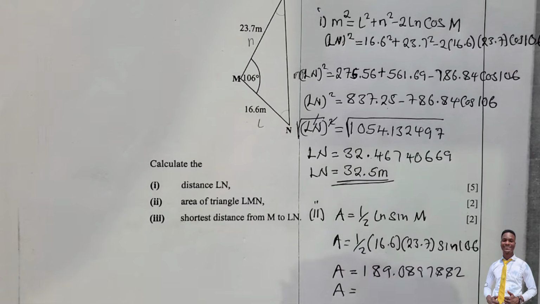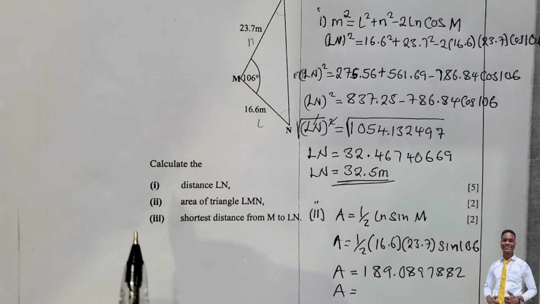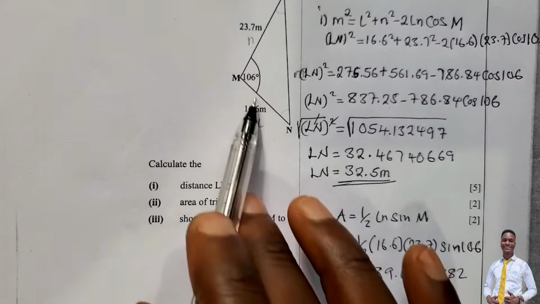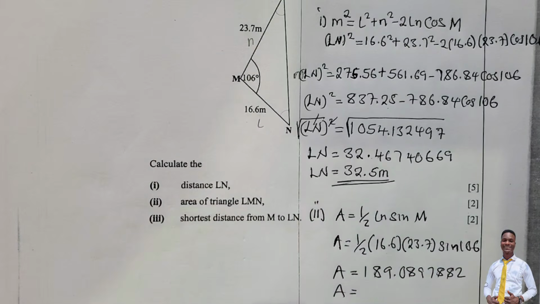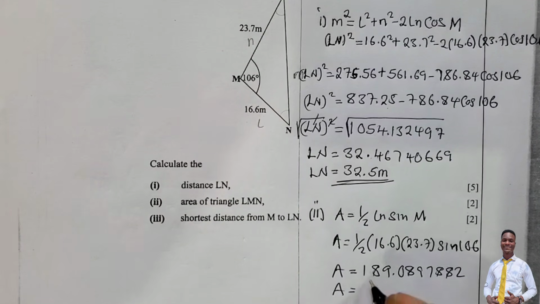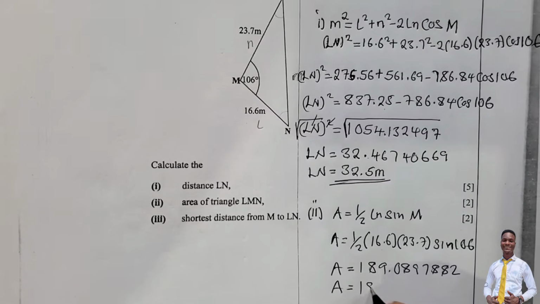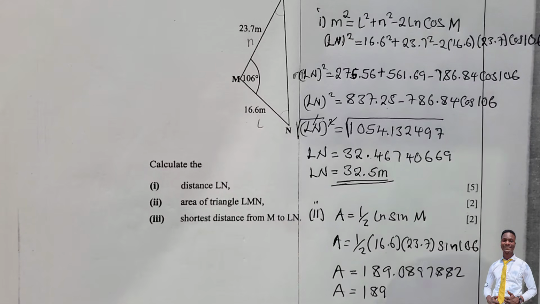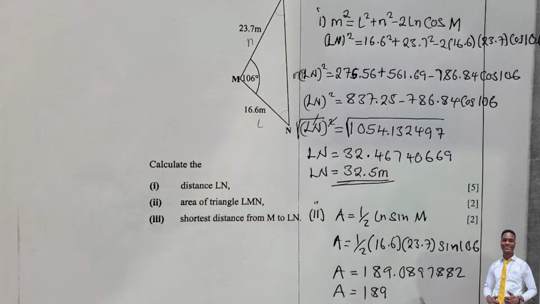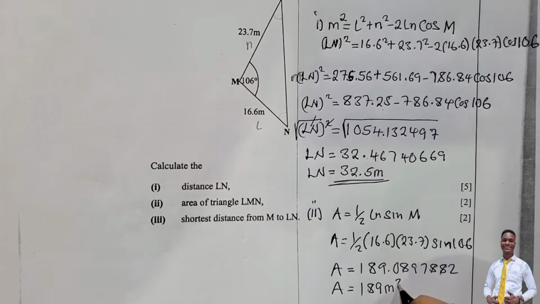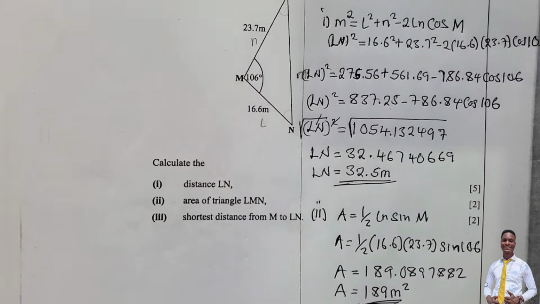Let's round this one off to just one decimal place, because everything is just one decimal place in this question, or just 3 significant figures, there's no problem. All right. So 189. The units are meters squared. This is what? This is area.